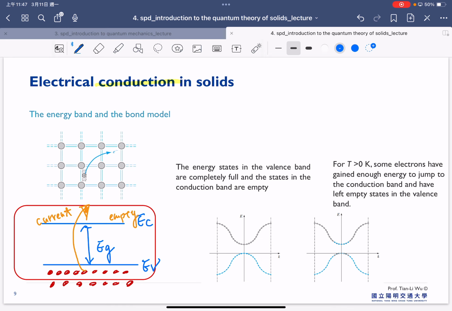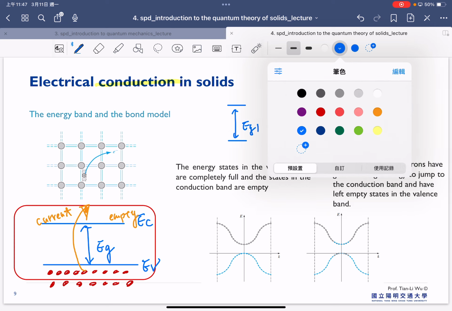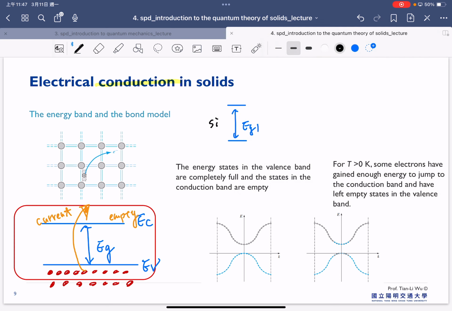For example, if we have silicon with a band gap EG1 here, and as you know, if there's a current, that means the electron can jump across the band gap and reach the conduction band.